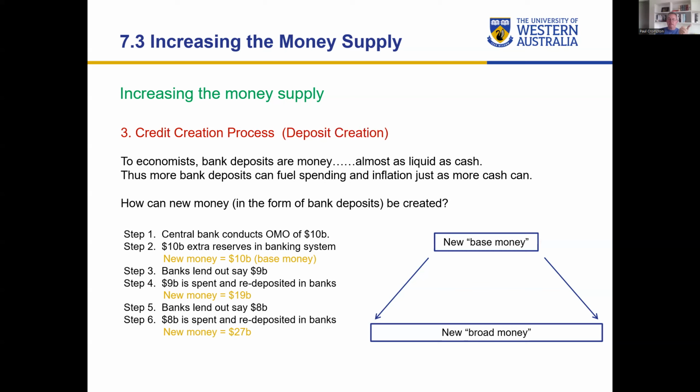Person one has 10 billion, person three has 9 billion, person five has 8 billion. We've got a total of $27 billion worth of bank account deposits now. And persons 1, 3, and 5 can quite simply go into their bank and spend that total of $27 billion.